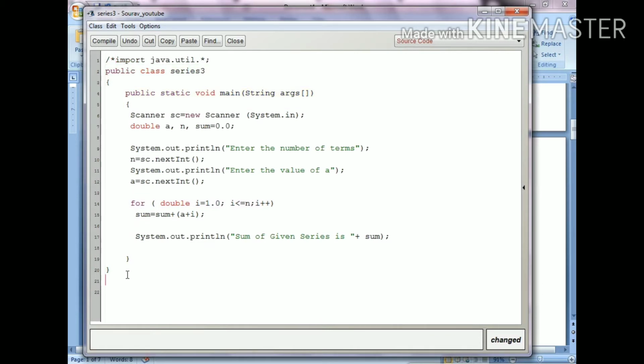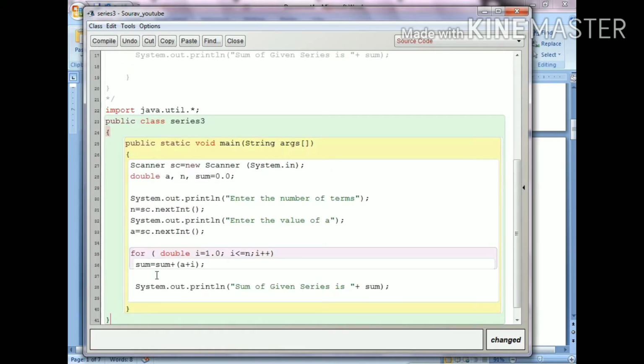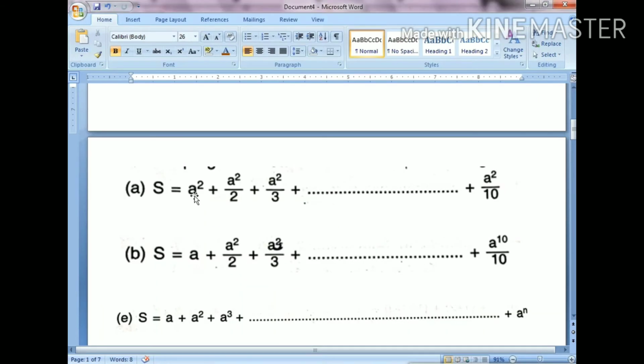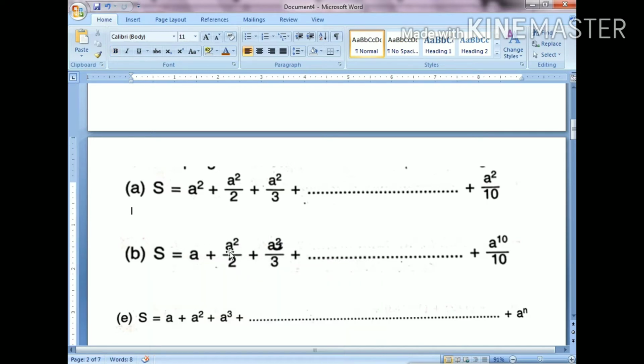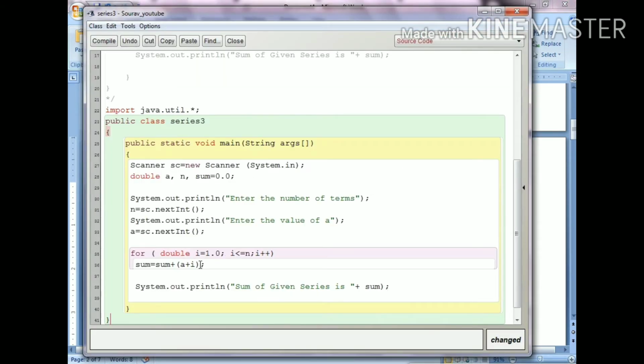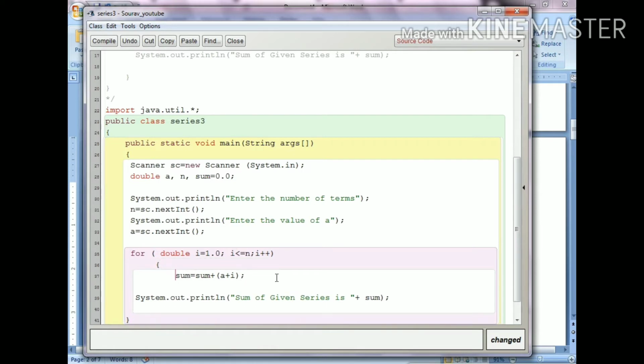Okay, now the question is numerator becomes position power, a power position, and denominator becomes I. So if you write a power I by I, so what I have to write, I just use a double bracket to clarify something.